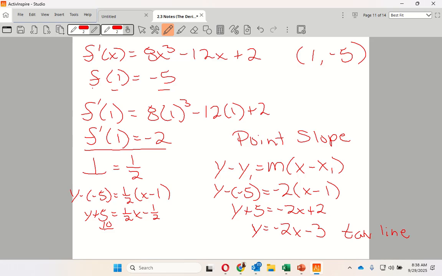Oh, wait. Yeah, 10 over 2. Why would I subtract 10 over 2? It's still 5, right? But as a fraction with my common denominator. So I'm subtracting that, and I get y equals 1/2 x minus 11 over 2.